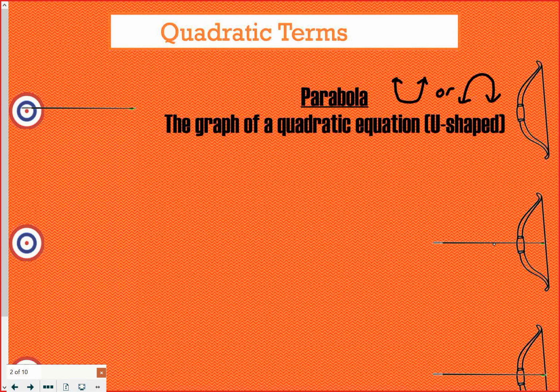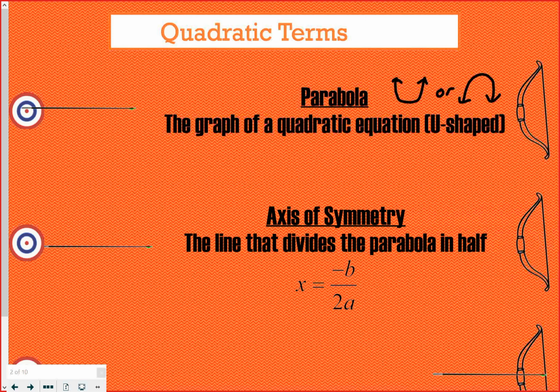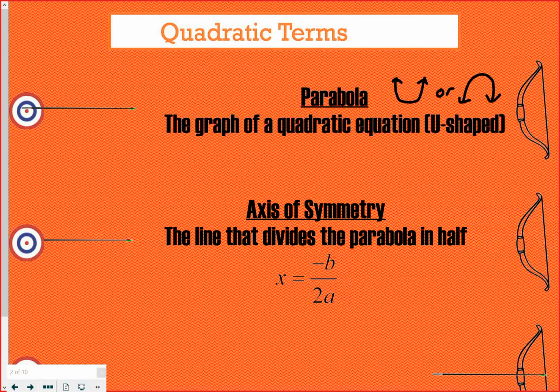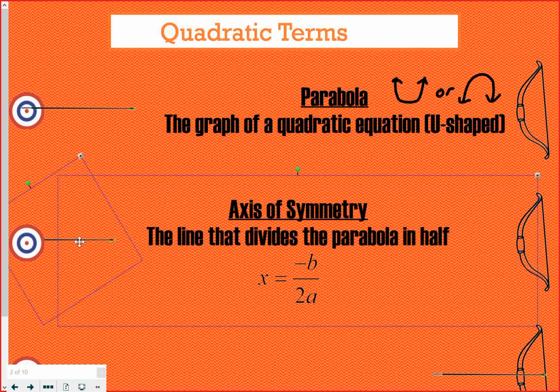The next piece that we're going to discuss is known as the axis of symmetry. The axis of symmetry is just a line that divides the parabola in half. It's an imaginary line, because you're not actually going to draw it, but it divides the parabola in half.